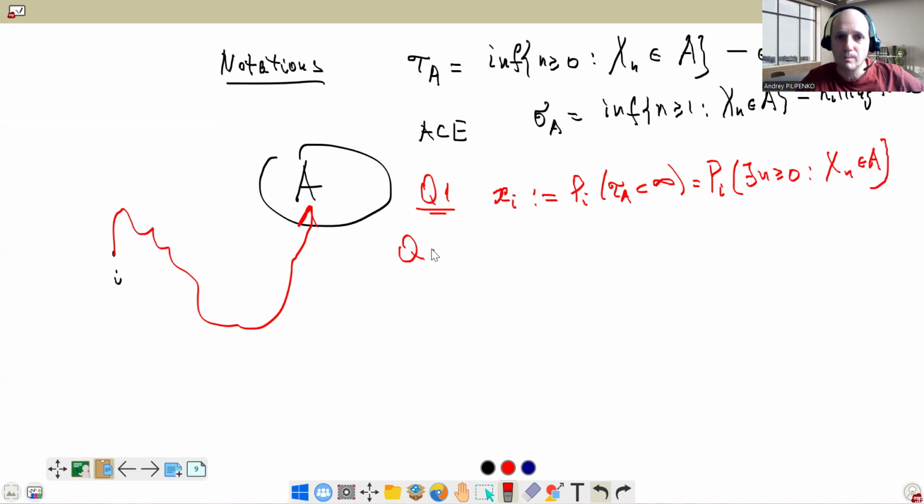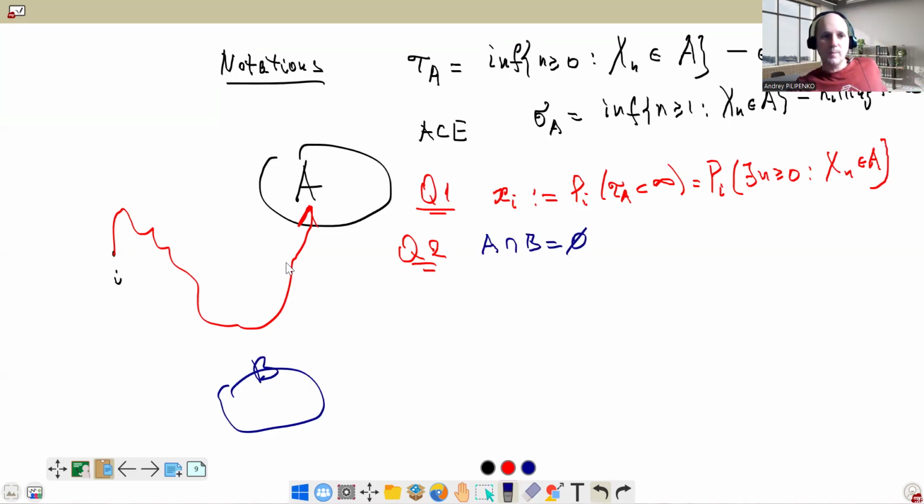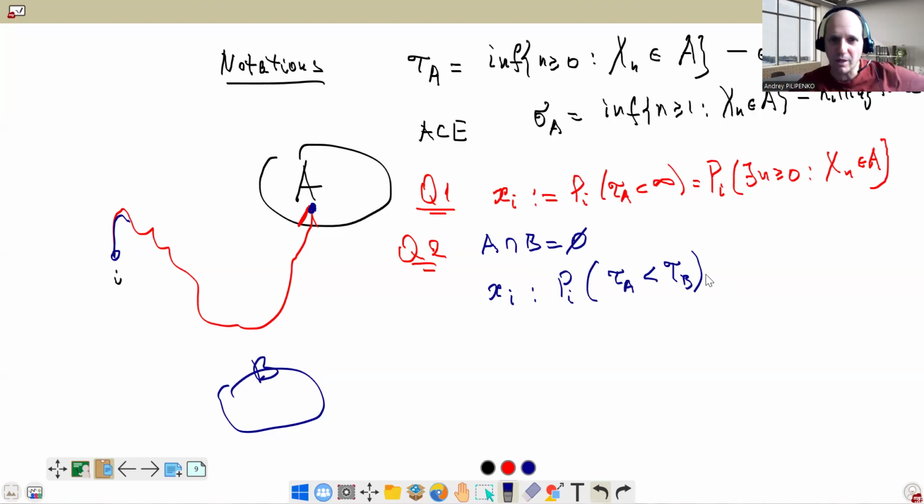Question 2. Assume that you have two disjoint sets A and B. The question is, find the probability that you enter A before B. Find the probability that tau A is smaller than tau B. By the way, we have solved this problem for random walks plus minus 1 with probabilities p and q, where A was a point M and B was a point 0.